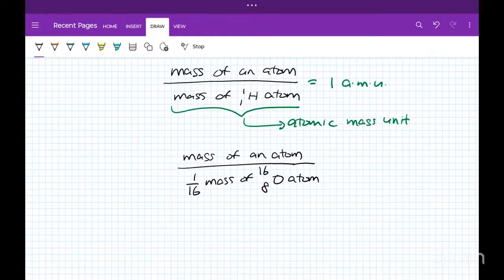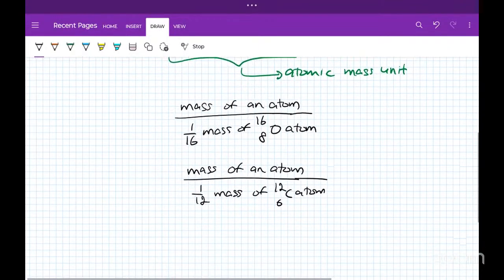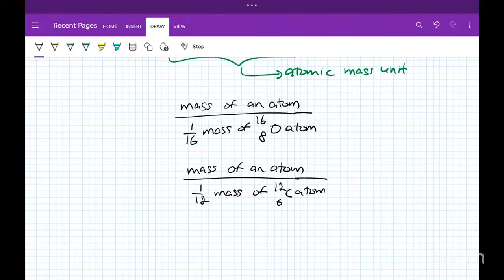Then up to now, people have used 1/12 of the mass of the C-12 atom as the atomic mass unit. So they take the mass of an atom and divide it by 1/12 of the mass of the C-12 atom. For example, helium is 2,4.